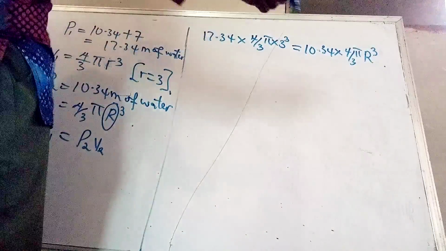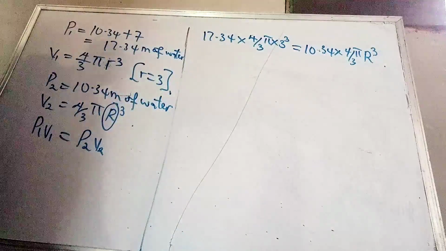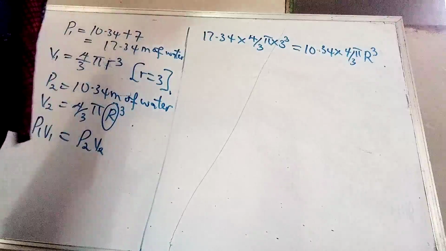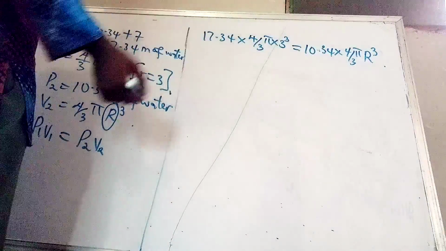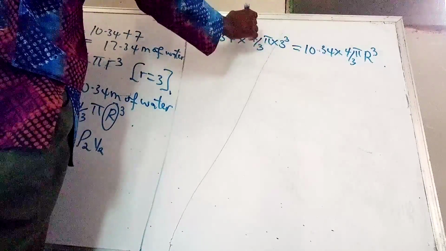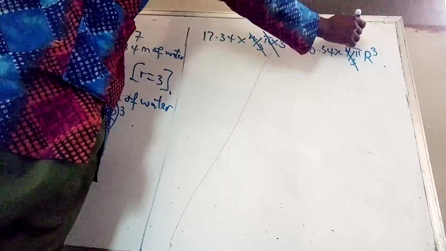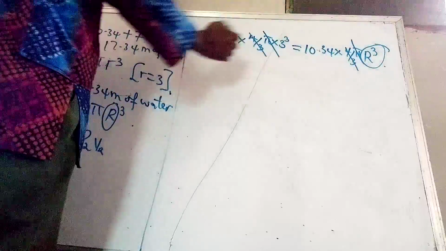Now, to reduce your stress of calculation, this depends on your level of mathematics knowledge. You don't need to multiply anything because what is here can cancel some things here. 4/3 will cancel 4/3, pi will cancel pi. So that means we can make r cubed the subject.